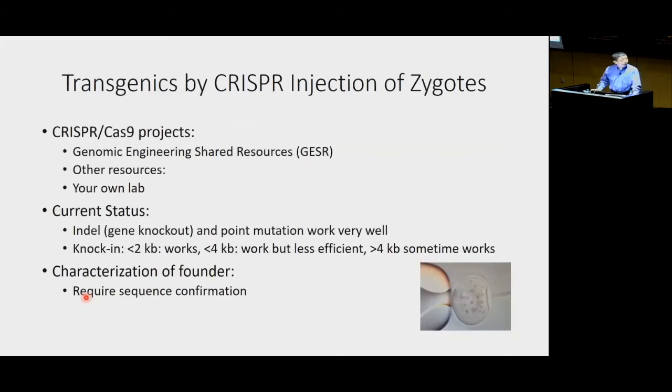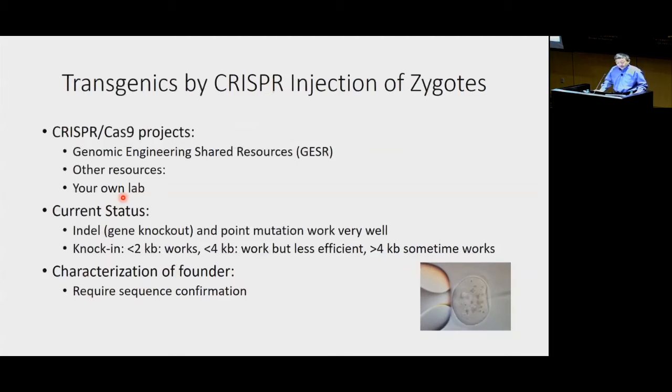Most people are probably interested in the CRISPR approach to generate transgenic mice. So why CRISPR? CRISPR, we know, is relatively simple from a molecular point of view. And when you start a CRISPR project from your own lab, you have several ways to do this. The first way is, if your lab has enough experience to design and test the CRISPR reagent, you can do it in your own lab.